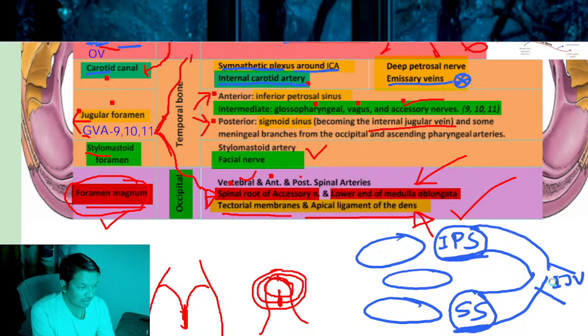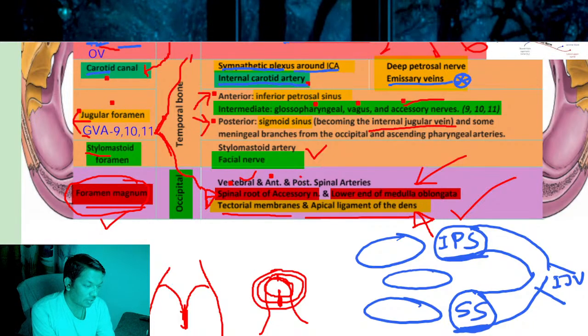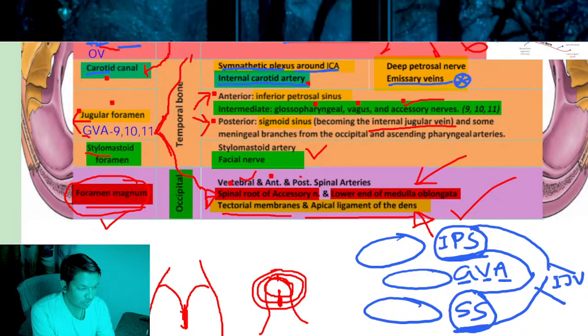In between we have GVA: glossopharyngeal, vagus, and accessory. 9, 10, 11.